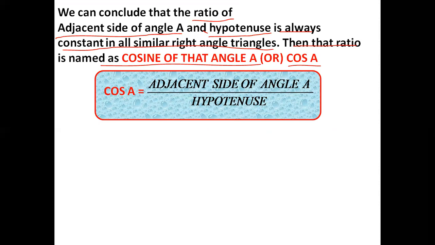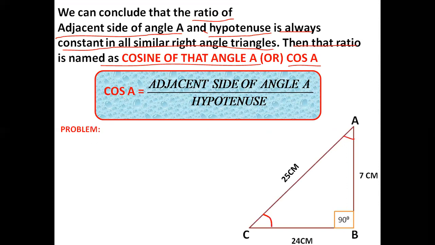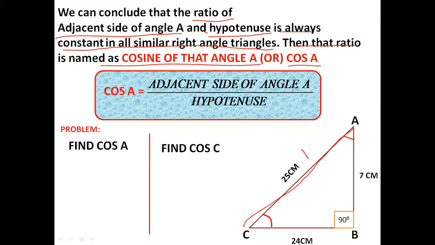So on this, we do one problem. Here I'm taking a triangle with the side lengths 7, 24 and 25 centimeters. Find cos A and cos C. Here AC is called the hypotenuse, which is opposite to 90 degrees.